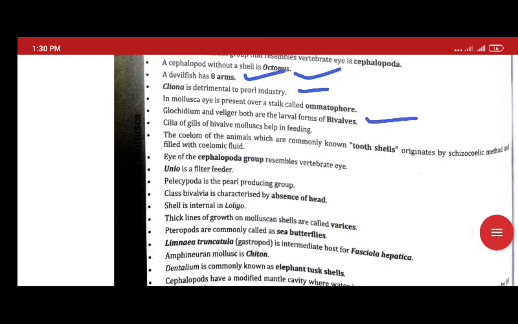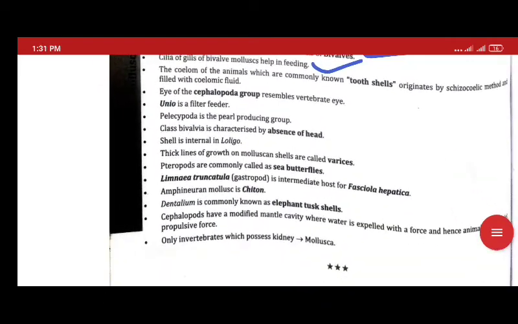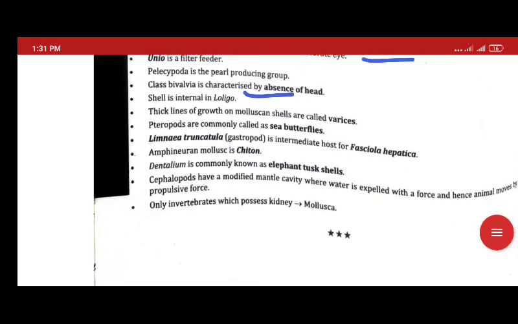Cilia of the gills of Bivalvia help in feeding. Now the eye of cephalopods is comparable to the vertebrate eye. Unio is what? A filter feeder, and the shell is internal in Loligo. Now the living fossil Mollusca is chiton.